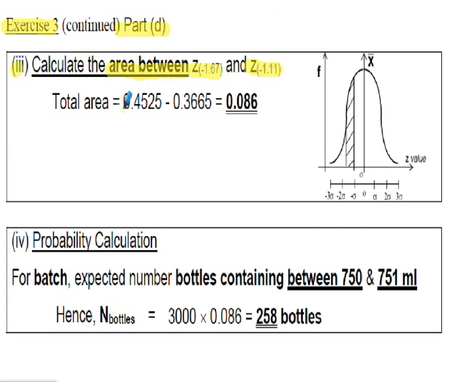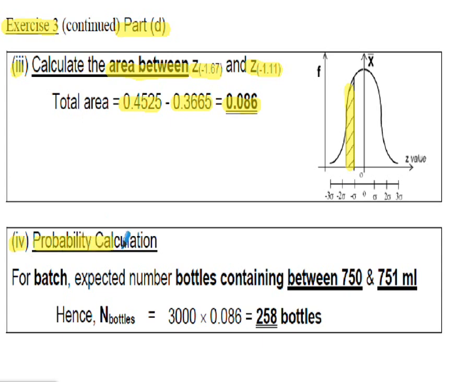So the total area we're looking for here is 0.4525, the area associated with the z of minus 1.67, and we're taking away from that the area 0.3665, the area associated with the z of minus 1.11. That gives us a net area effectively, or area between these two z values, of 0.086. So that's the shaded area on our diagram.